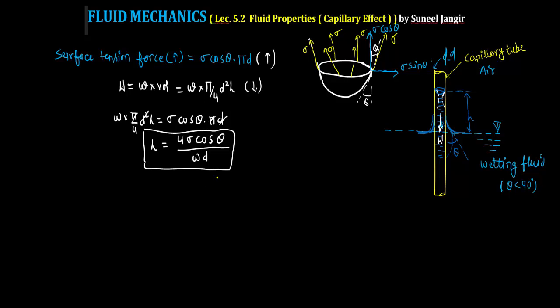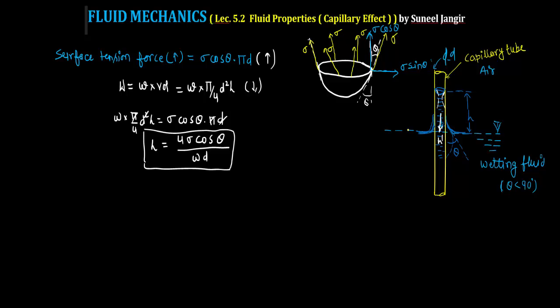Now let's discuss this formula a little bit more. For a particular fluid, this W, the specific weight of fluid, is constant. Theta is the angle of contact, so for a particular fluid and particular solid surface this angle is almost constant. And sigma is the surface tension due to the interface or free surface.